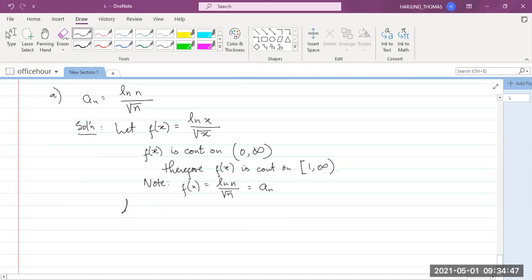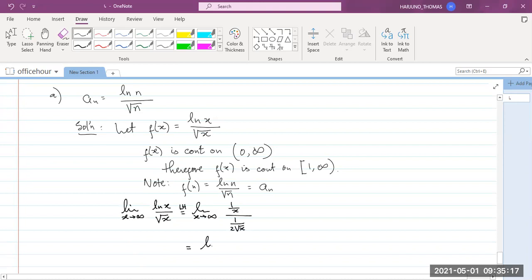Okay, now then, limit as x goes to infinity of ln x over square root of x, I will apply L'Hopital rule. So that's 1 over x at the top. At the bottom, that will be 1 over 2 square root of x.